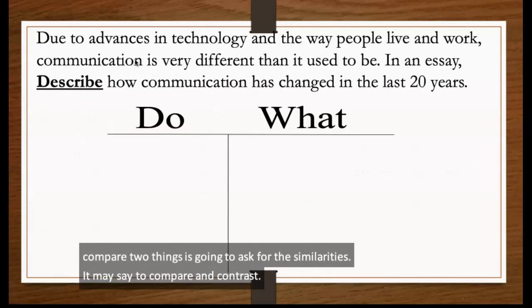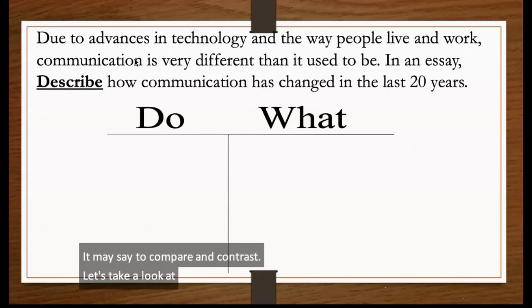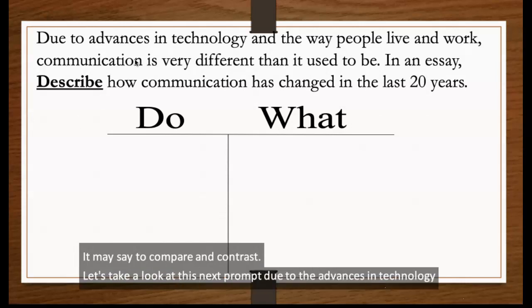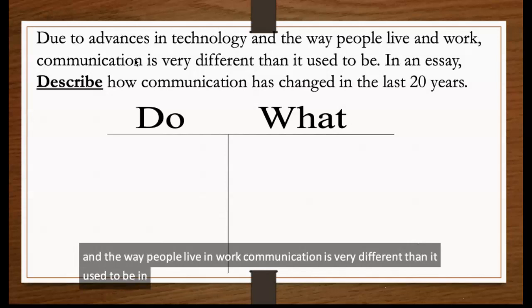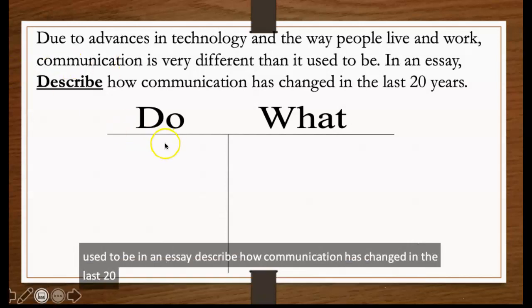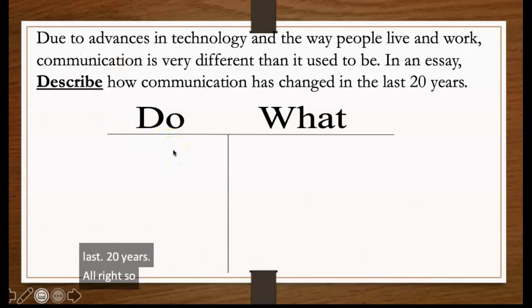Let's take a look at this next prompt. Due to the advances in technology and the way people live and work, communication is very different than it used to be. In an essay, describe how communication has changed in the last 20 years. All right, so what does it want us to do? We saw this little introduction up here.